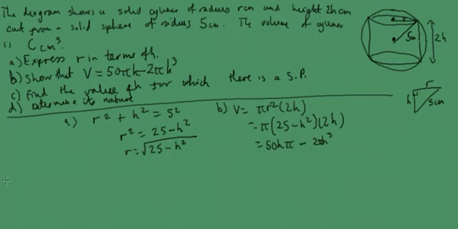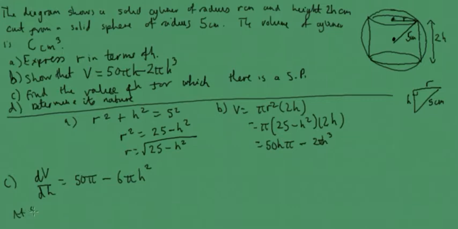And then C, find the value of h for which there is a stationary point. So we're going to differentiate with respect to h. So it's going to be 50 pi minus 2 times 3 is 6 pi h squared.